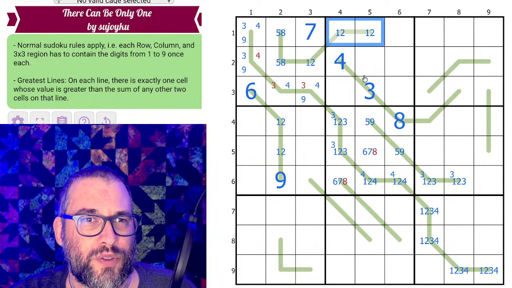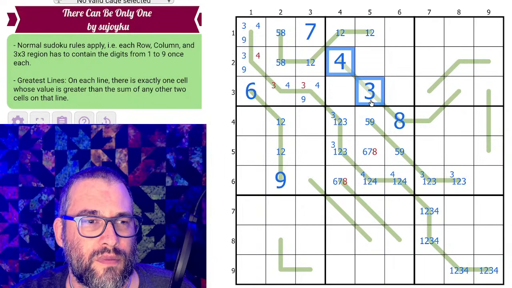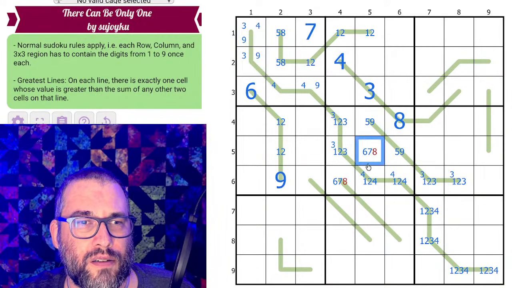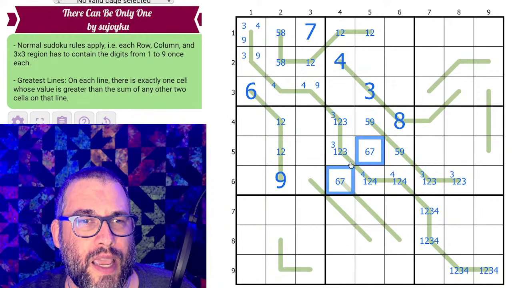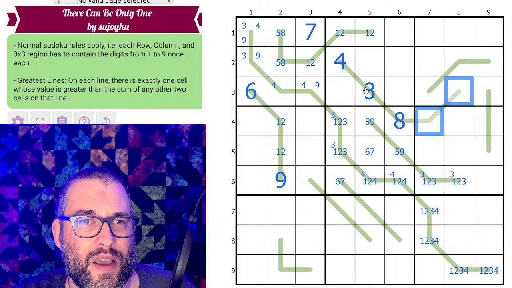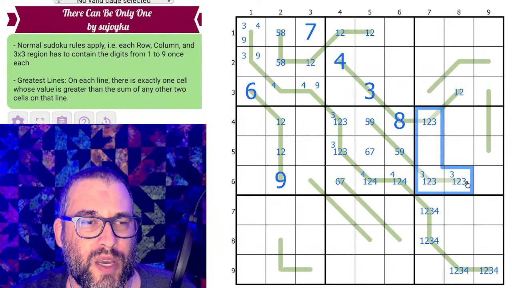Yeah, but these digits can't be low. We've got this 1, 2 pushing these up. So no 3 in these digits. So there's definitely a 3 looking down here. No 8 here. Rest of the line, yeah, these are from 1, 2, 3, giving us a triple in box 6.